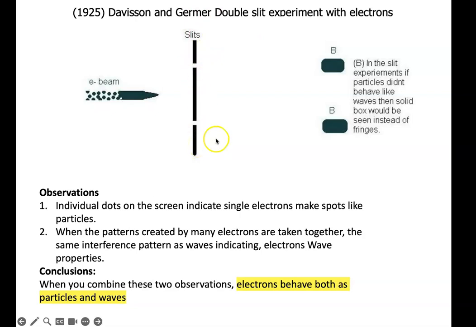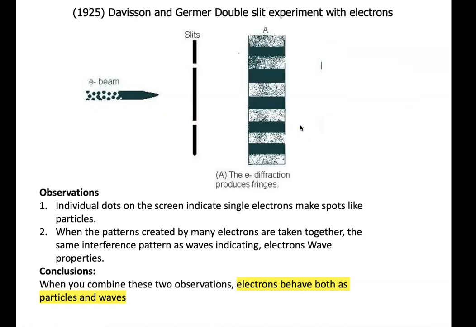What they expected, if electrons were indeed particles, was two patterns right on the opposite side of these slits, like you saw with the sand. But this is what they saw. They saw a diffraction pattern that produced fringes, just like the waves do.